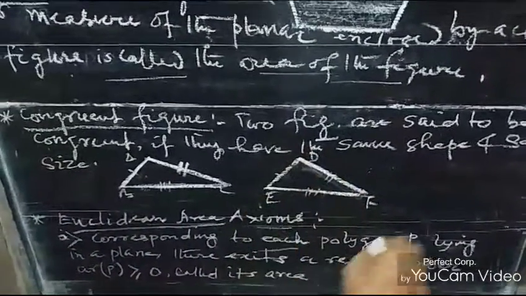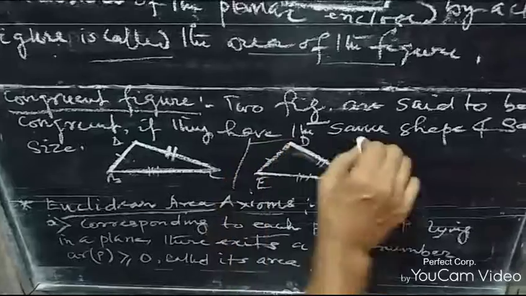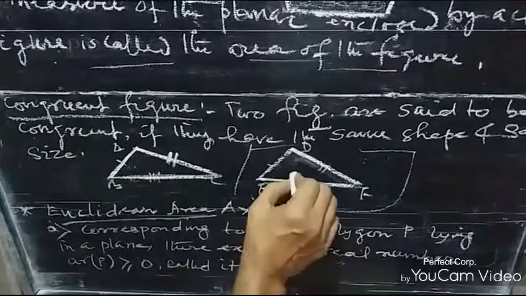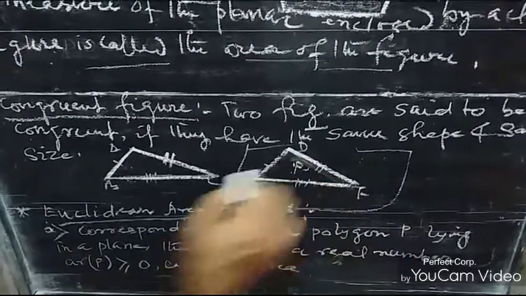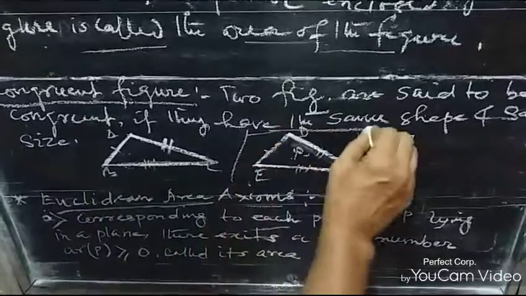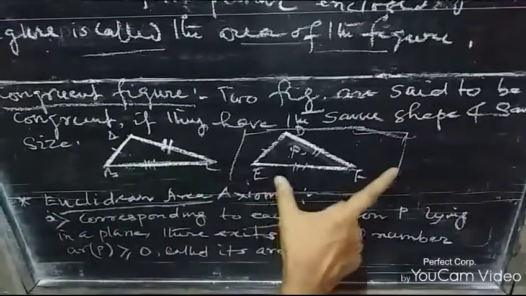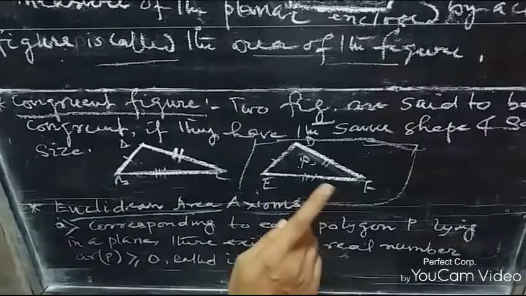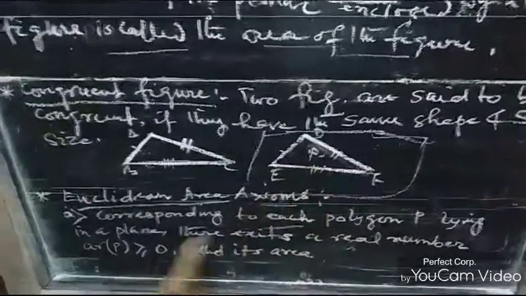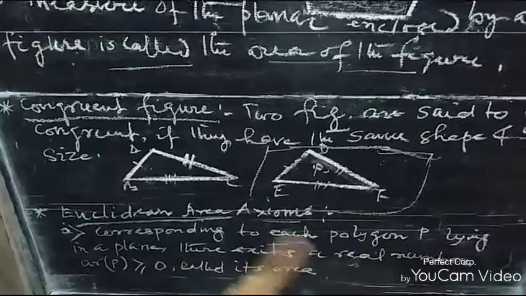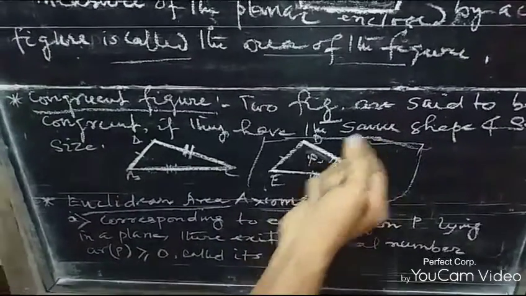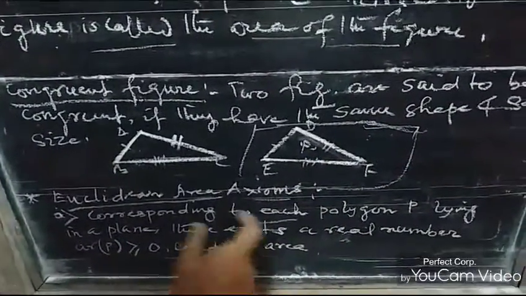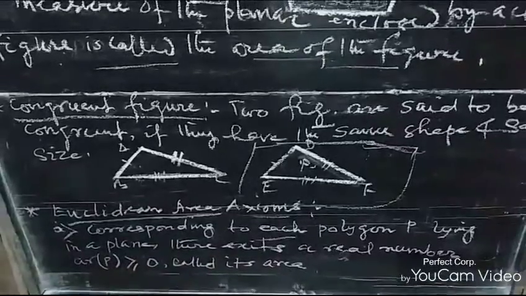Suppose this is the area of P, existing over this plane. The area of P will be greater than or equal to 0, and if it is 0, then the polygon is just one point. This is the first axiom.